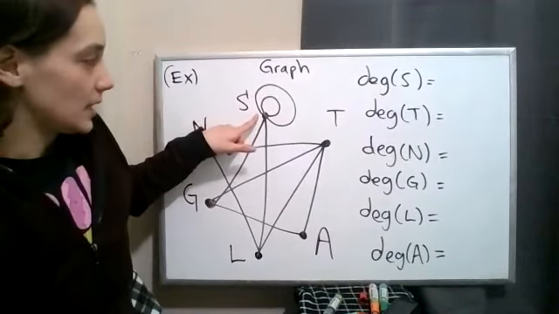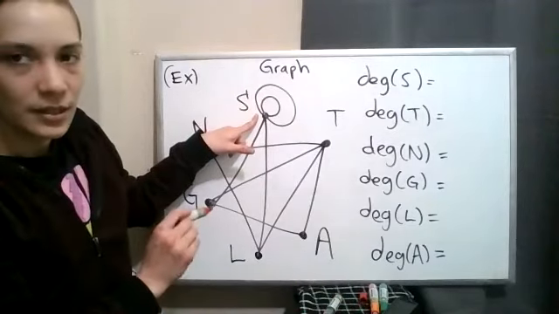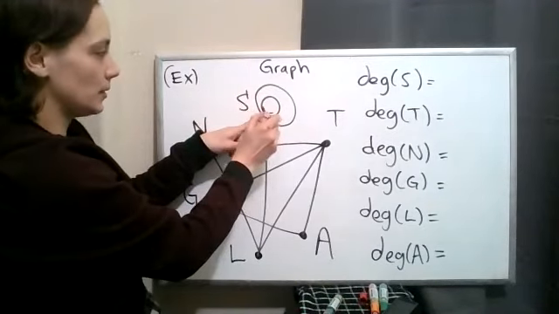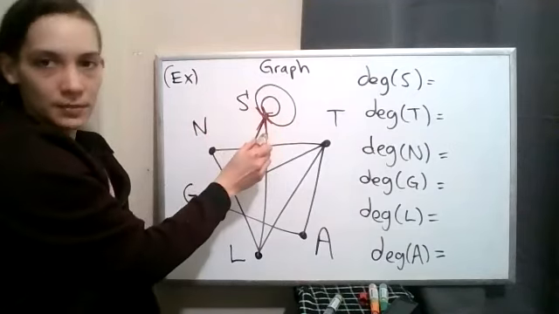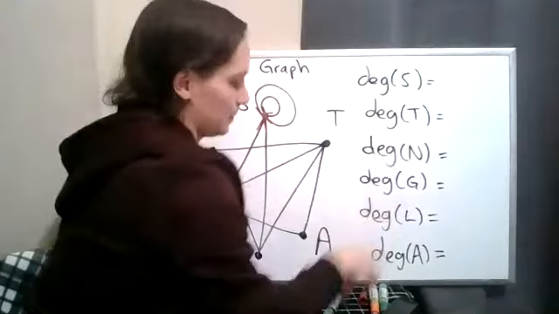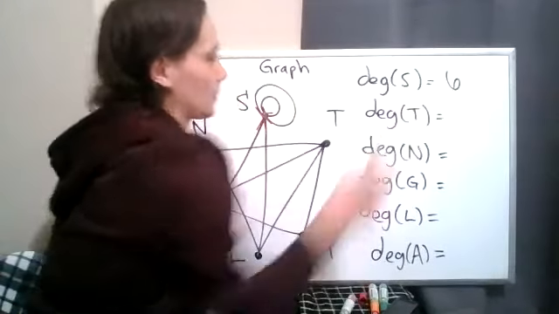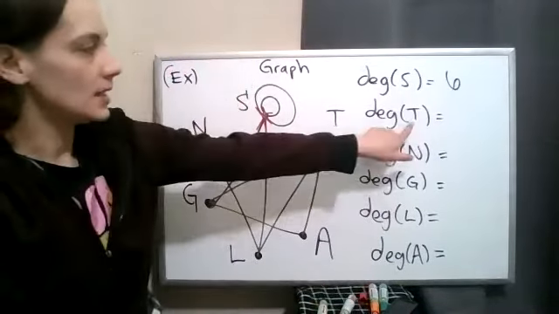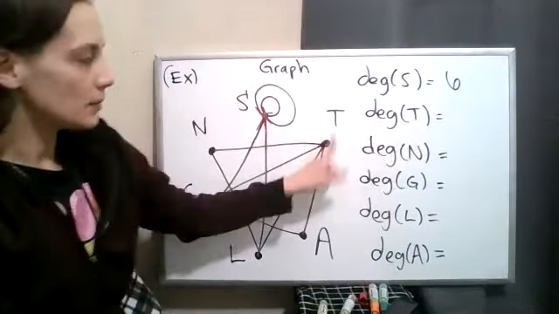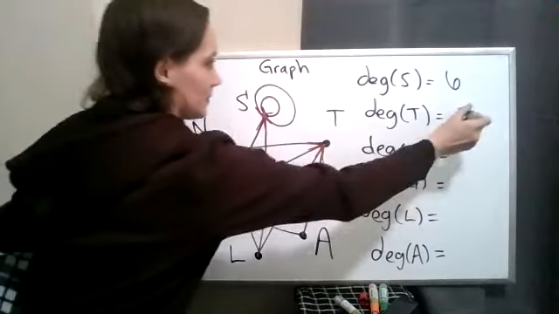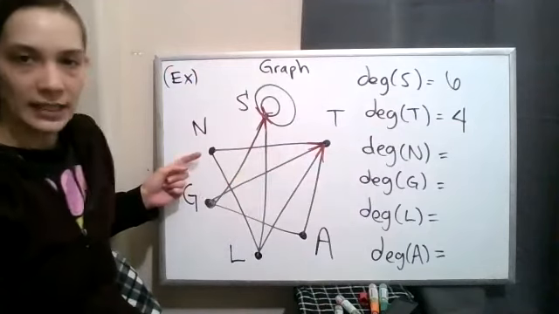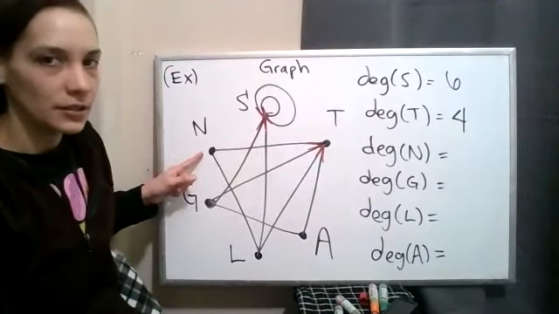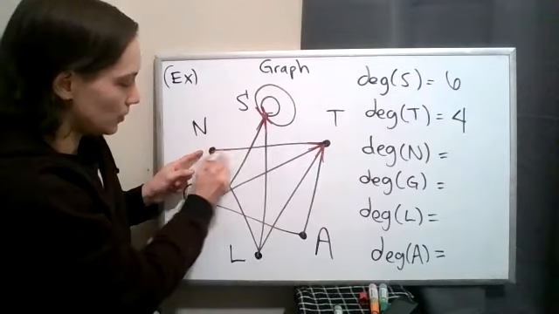So S, the loop will add 2 to the degree. So that's 1, 2, 3, 4, and then 5, 6. 6 total. T is right here, and it has degree 1, 2, 3, 4. Over here, find your vertex N, and its degree is 2.